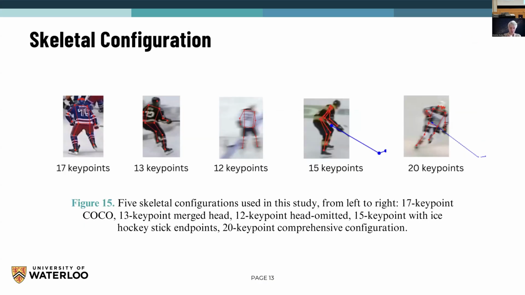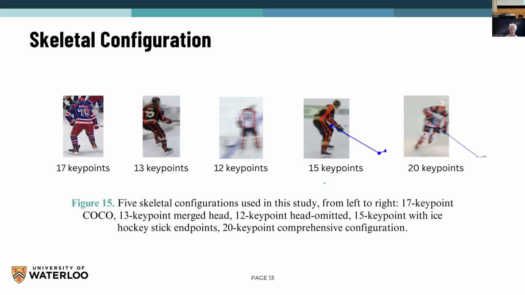In our work, we experimented with 5 skeleton configurations. First, the 17 key points general COCO pose format, where 12 key points are body key points and 5 key points are for the head. Then we merged the 5 head key points into 1, so we got 13 key points, and then 12 key points where we fully omitted the head.